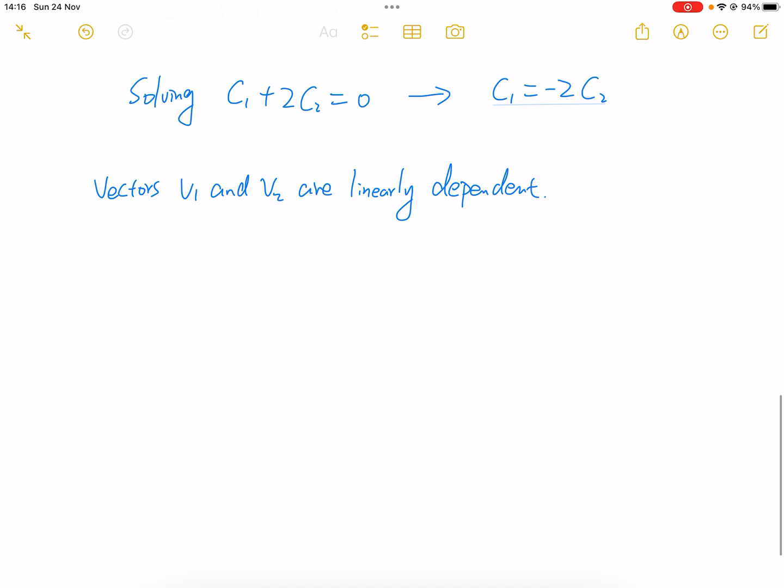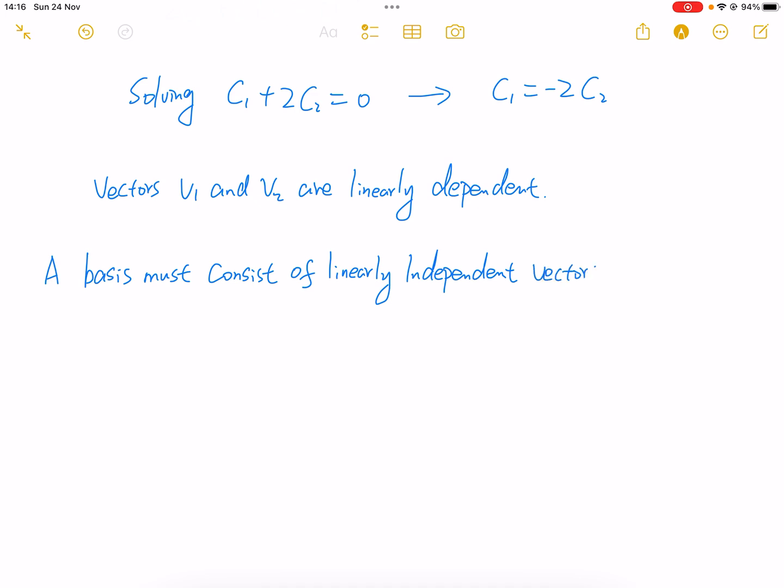First, we know that a basis must consist of linearly independent vectors.